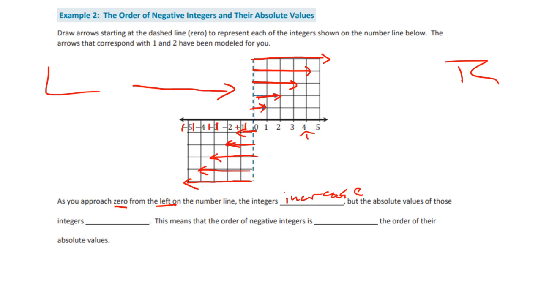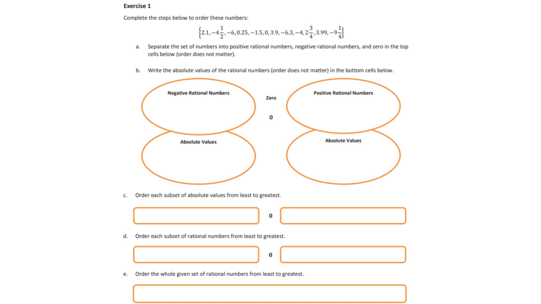So the absolute values of these integers decrease or get smaller. And this means that the order of the negative integers is flipped, or again, that math term is the inverse, or the opposite, of the order of their absolute values.